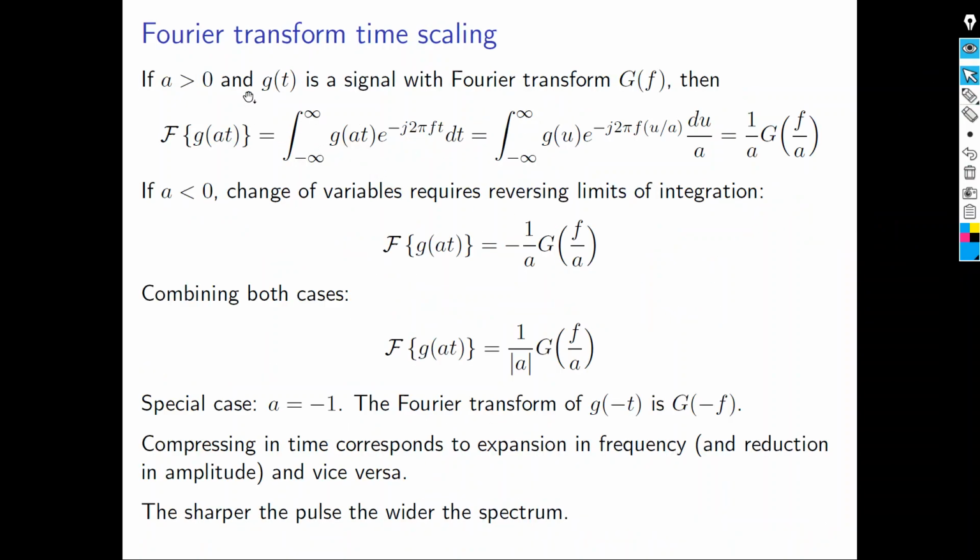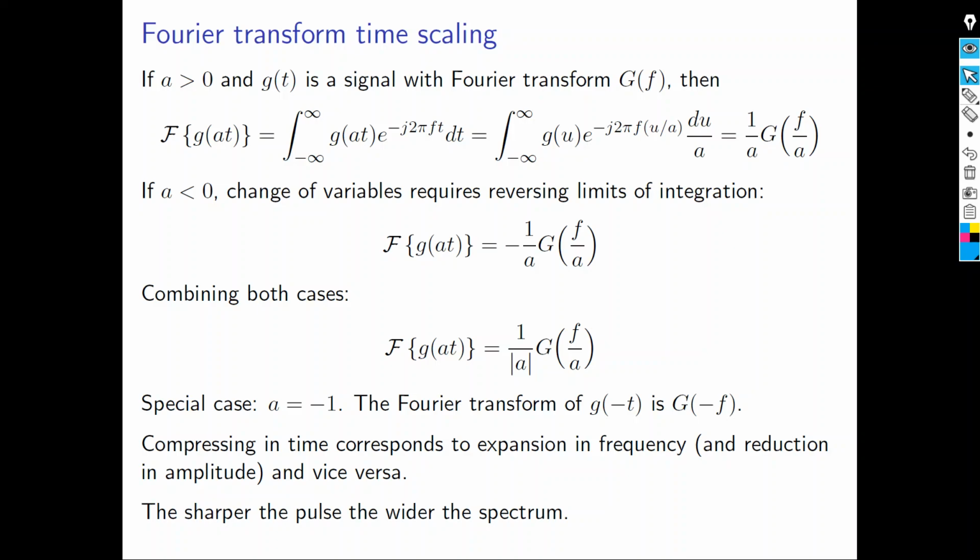If alpha is greater than 0 and g(t) is a signal with Fourier transform G(f), then the Fourier transform of g(αt) is basically, when you multiply your time domain by an alpha factor with alpha greater than 0, as if you are dividing the frequency by alpha. We call it time scaling.